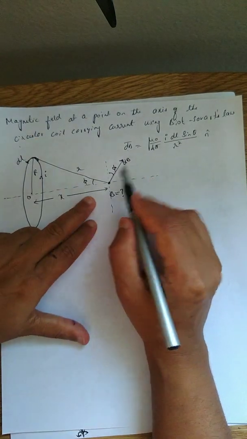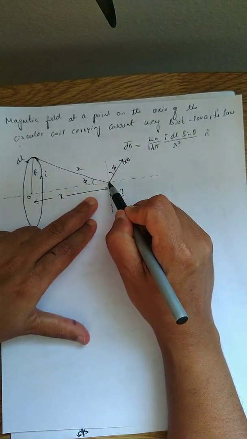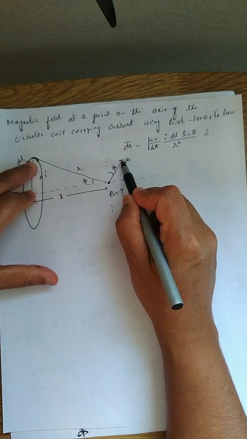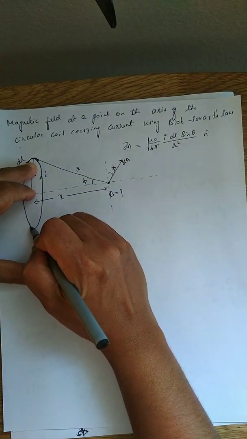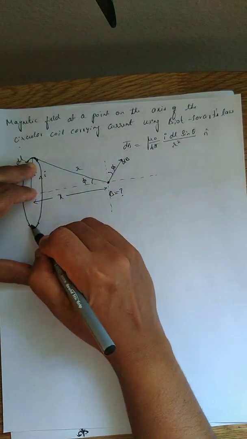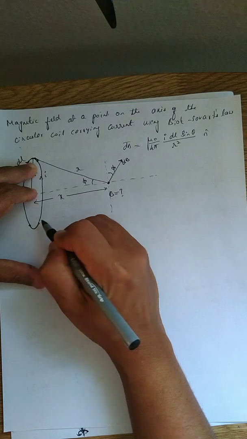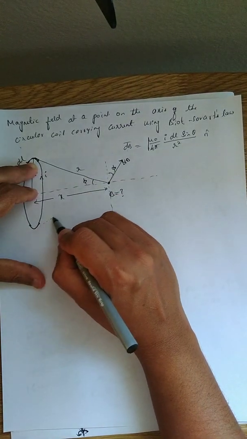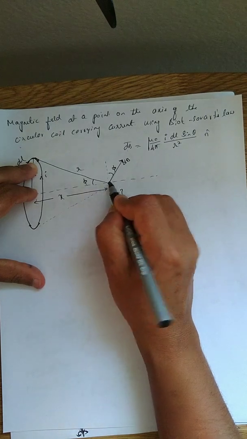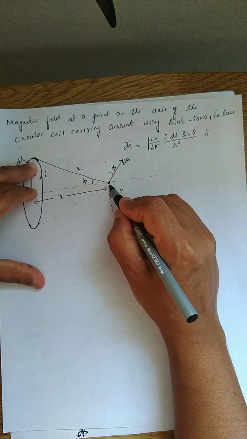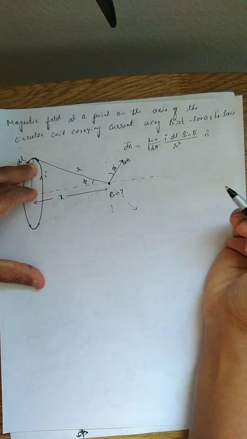Now for every magnetic field produced by a current element, there is always another current element somewhere, so that the magnetic field is exactly dB but in the opposite direction.